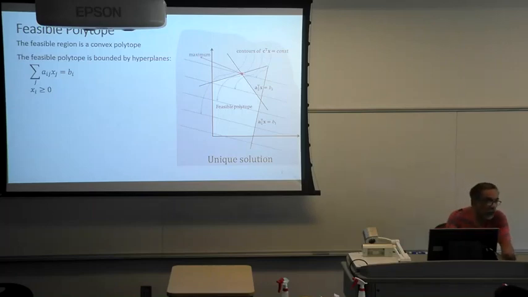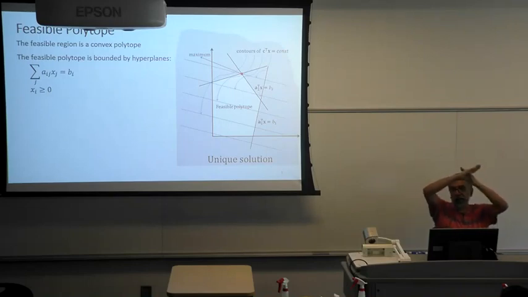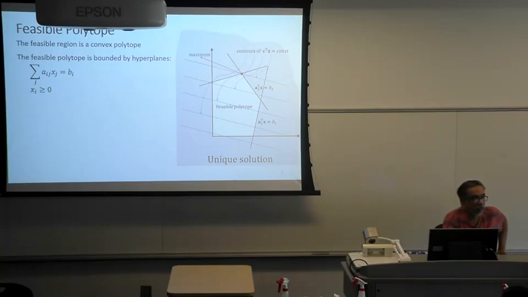Now, every corner of this is formed by the intersection of n hyperplanes. And how many hyperplanes do we have, including these? We have m plus n hyperplanes, correct?